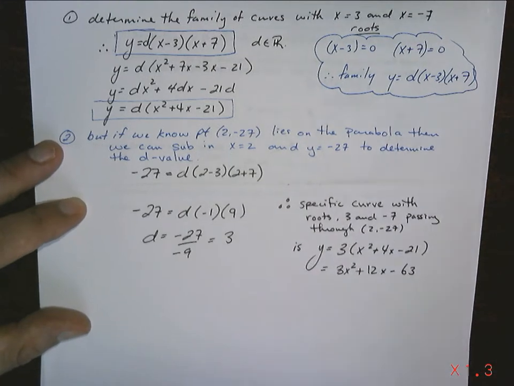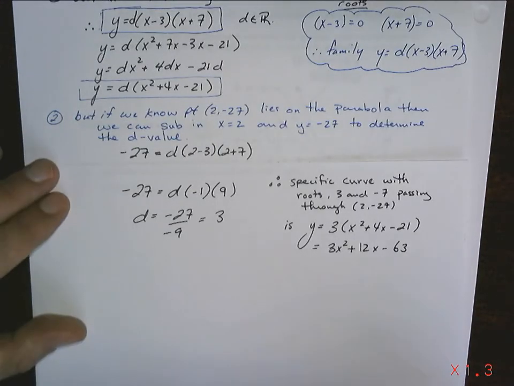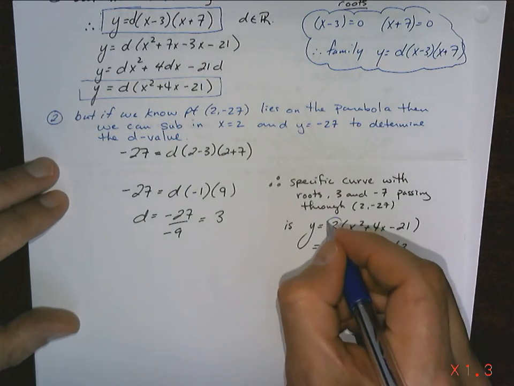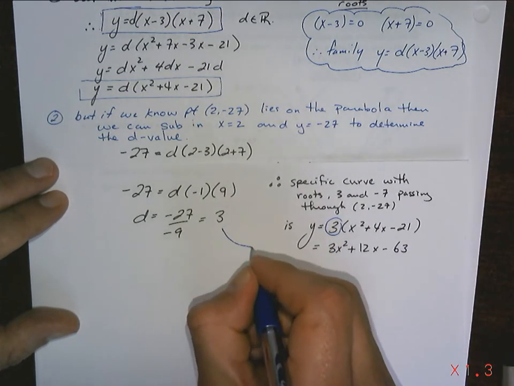And I don't really care which form you put it in. Where did this 3 come from? It came from finding out the d value.